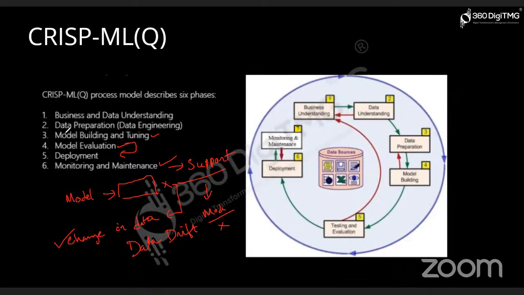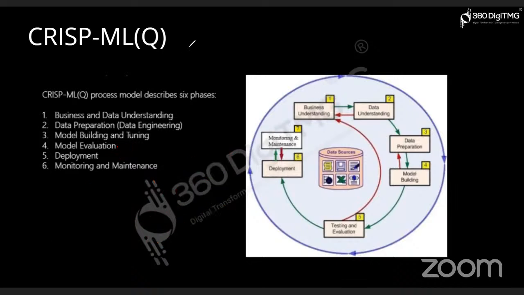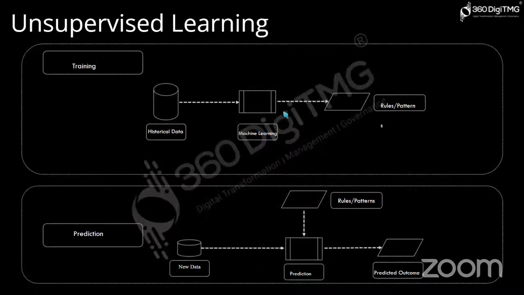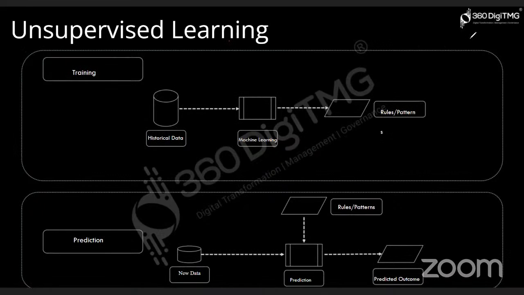So these are the various steps we need to follow to make and maintain a successful project. Okay, now let's learn about the various data mining techniques or machine learning techniques. So we learned that under data mining or machine learning, we have supervised and unsupervised learning.